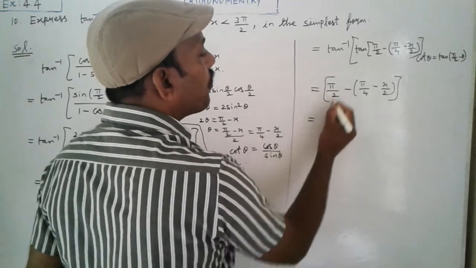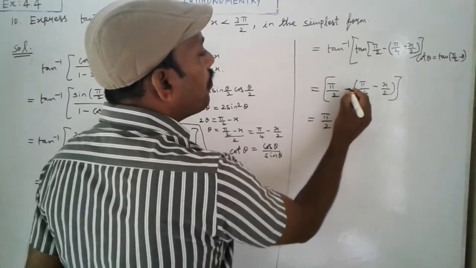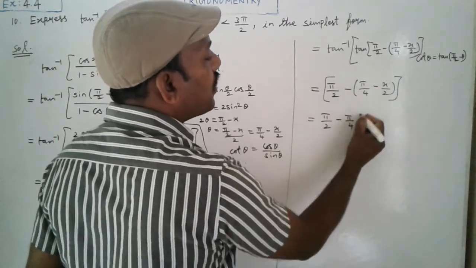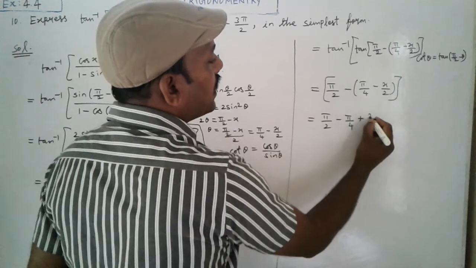Here tan inverse and tan cancel. What remains is pi by 2 minus pi by 4 plus x by 2.